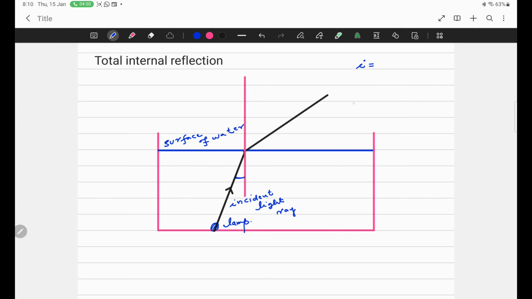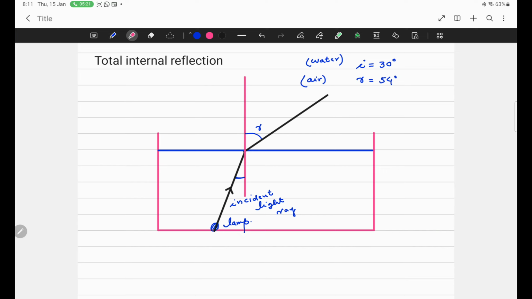Consider this incident angle is 30 degrees, and for this 30-degree angle, the angle of refraction in air, where the angle of incidence is in water, consider this angle is 54 degrees.